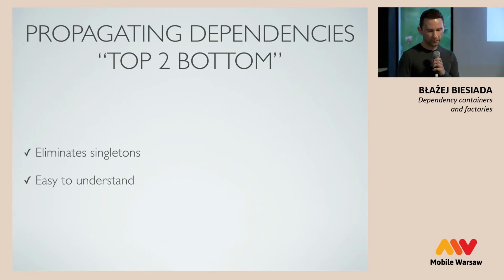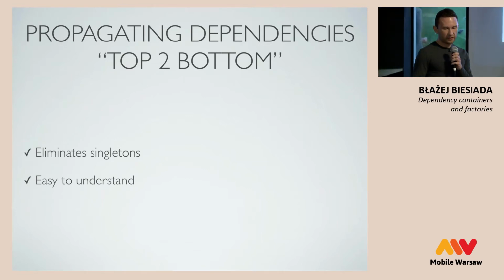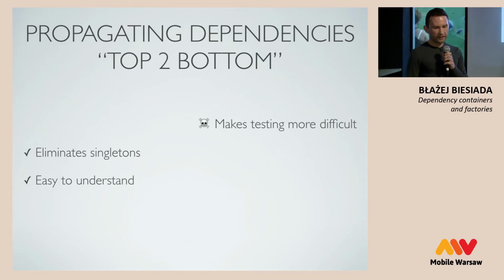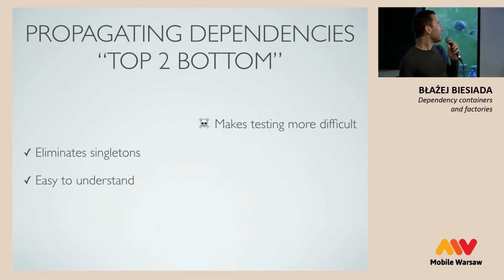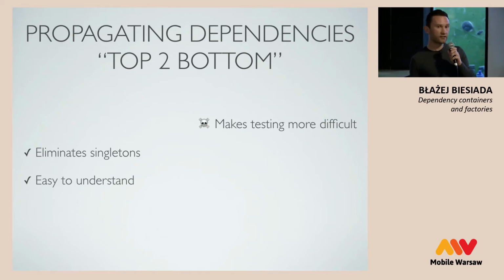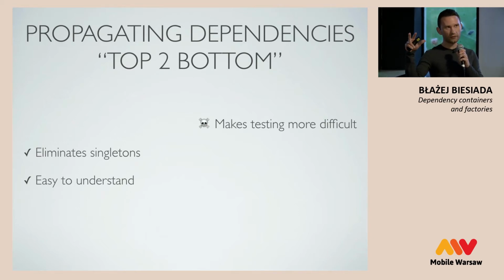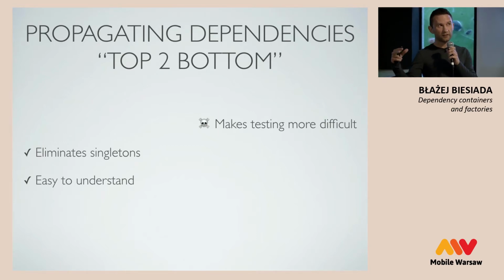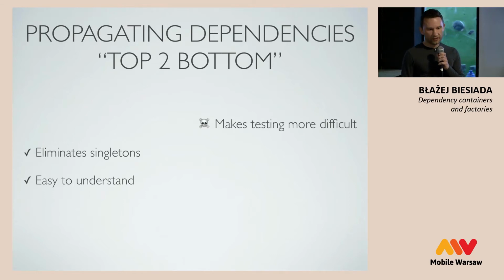But on the flip side, it makes testing pretty difficult because if you would like to test that root object, then you would have to mock all these dependencies, which are actually all the dependencies you would have in your application.